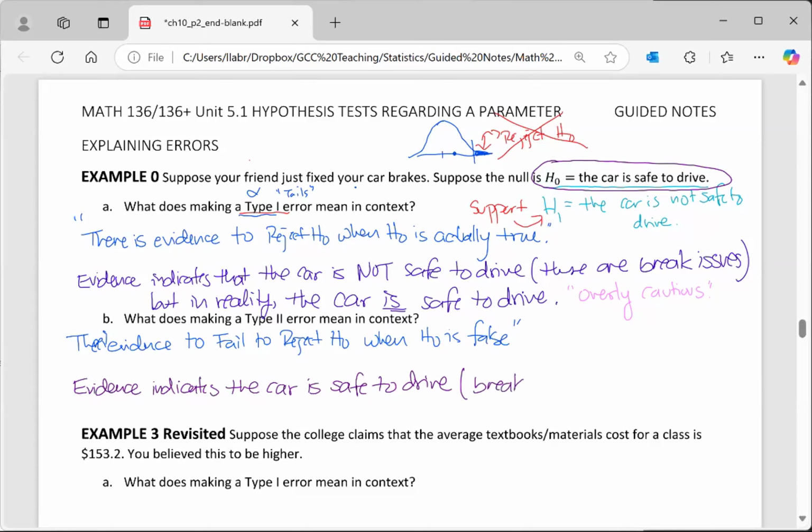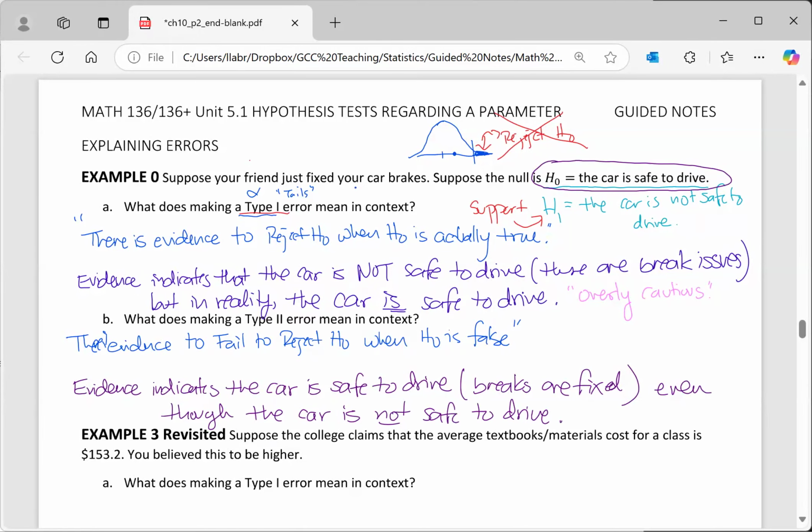So in other words, the brakes are fixed, even though the brakes are not working. So let's just summarize it by saying this car is not safe to drive. And there's our first example of interpreting type 1 and type 2 errors. In the next video, we'll go ahead and take a look at the next couple examples.